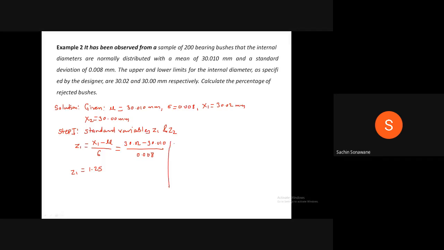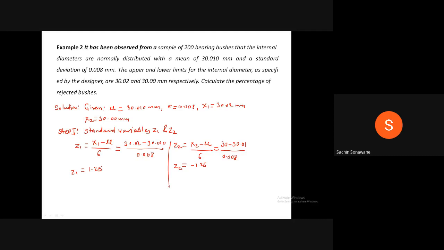Now, Z2. Z2 is equal to x2 minus mu upon sigma, which is equal to 30 minus 30.01 divided by 0.008, which is equal to minus 1.25.